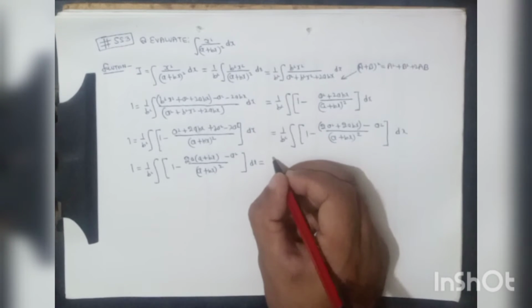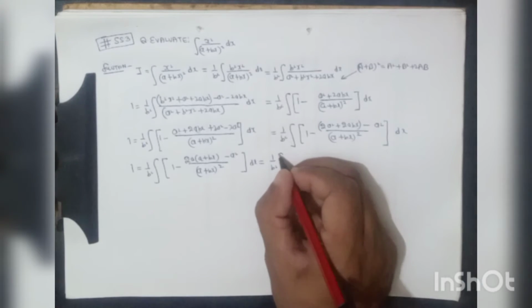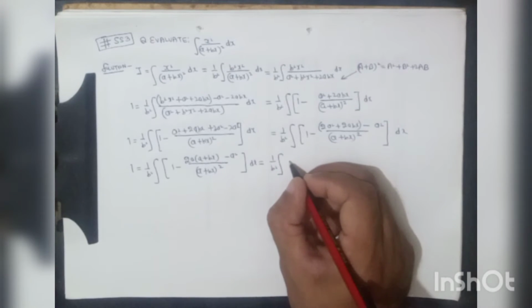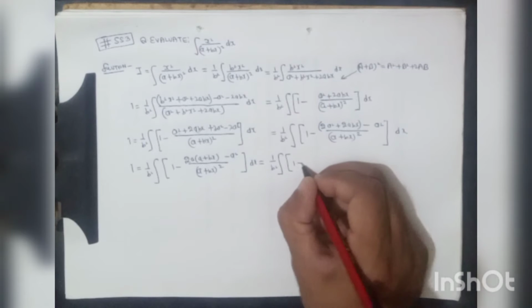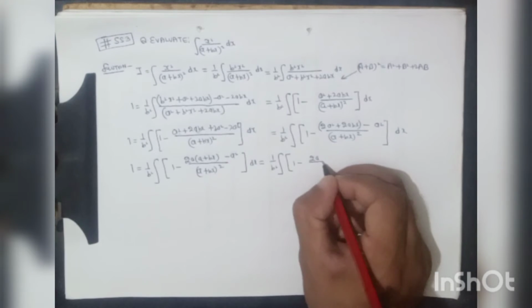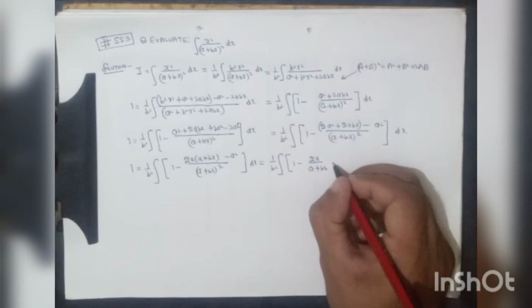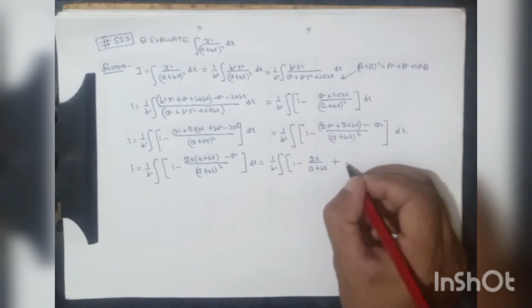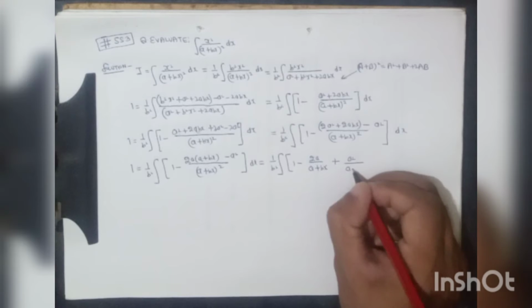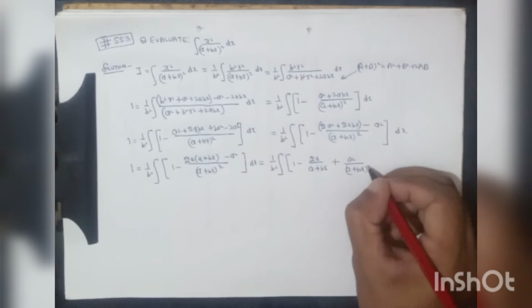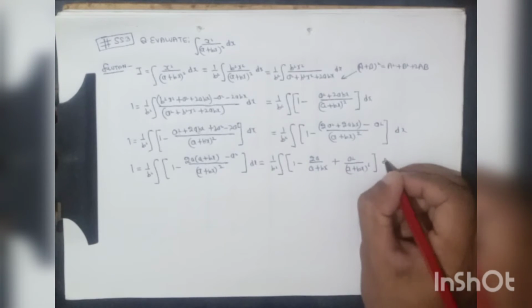So this may be written as 1 upon b square integration of 1 minus 2a divided by (a plus bx) plus a square divided by (a plus bx) whole square dx.